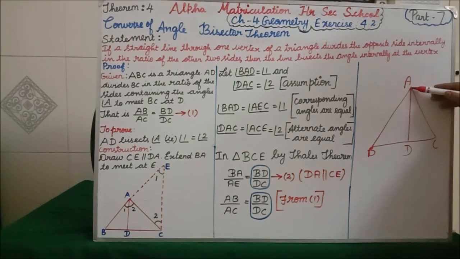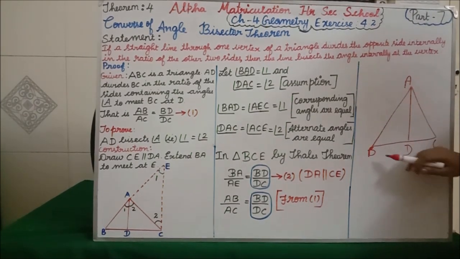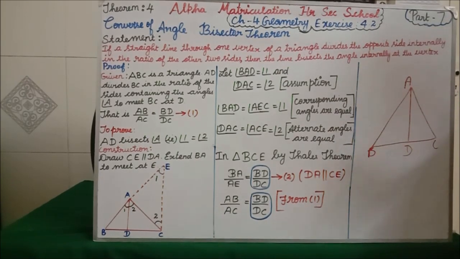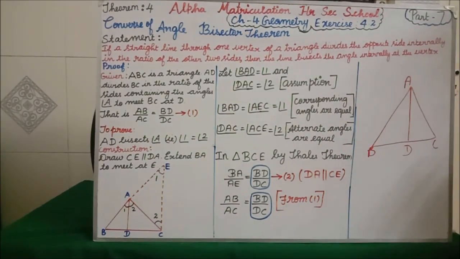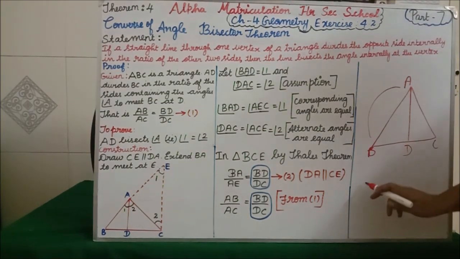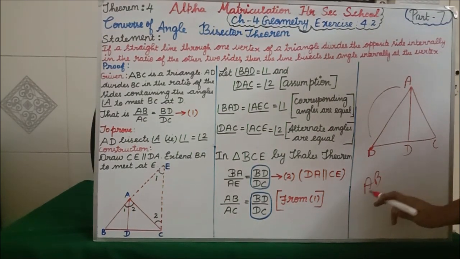Divides means this line is dividing BC into BD and DC, isn't it? The full length BC, how is it divided now? BD, DC. It divides internally in the ratio of the other two sides. Students, what they are saying is: this side is AB, divided by this side AC.